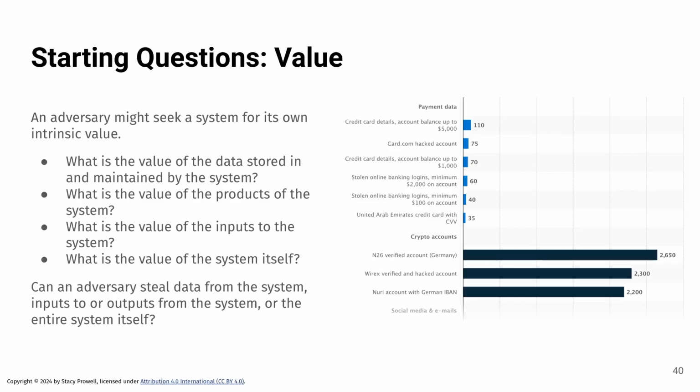The input side, steal inputs to the system. And finally, what's the value of the system itself? If they can take over the system and manipulate it to their own ends, that may be what they're trying to do. That may be the whole game. Can an adversary steal data from the system, inputs to or outputs from the system, or maybe the entire system? And what does that look like?